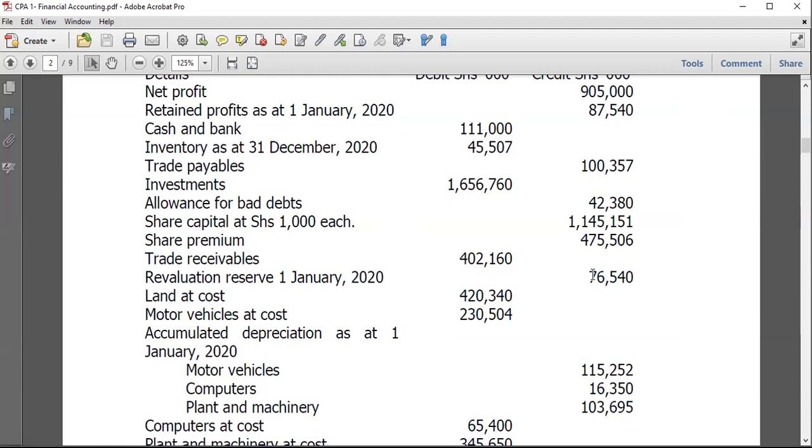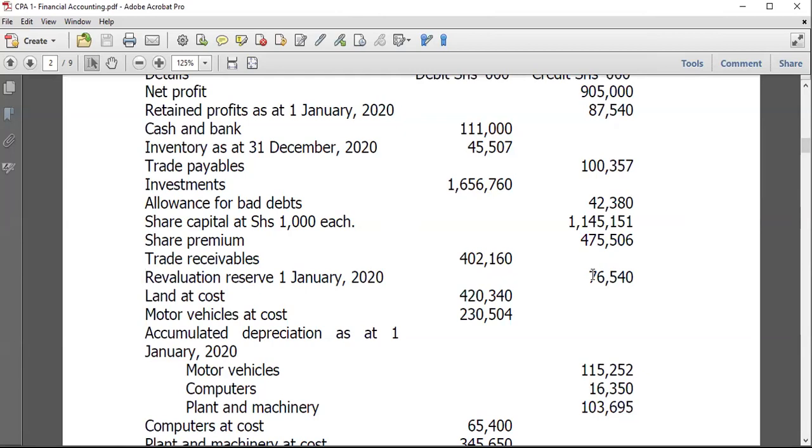So each time we revalue an asset, let's say an asset has increased in value, maybe its actual value outside in the market is way higher than what we have it in our books, we shall debit the asset and then credit our revaluation reserve.